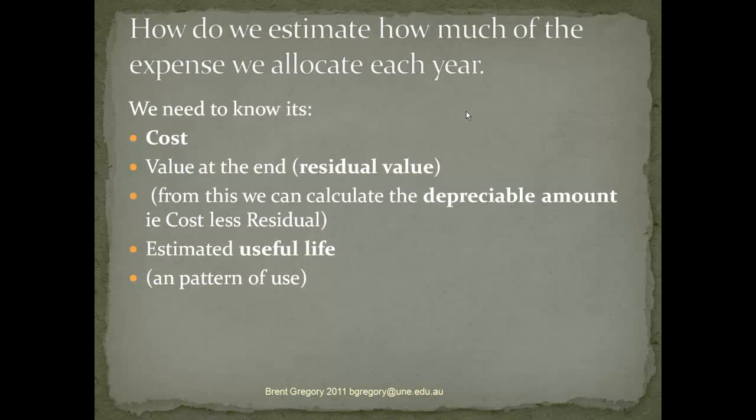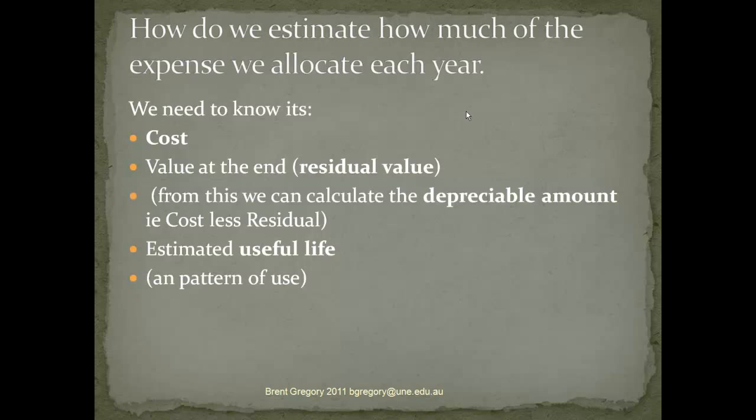We need to know the cost, and that's clear: the original cost, the historic cost. We need to estimate the value of our asset at the end of the period. We refer to this as the residual value. And from this, we calculate the depreciable amount, which is the cost less the residual value.